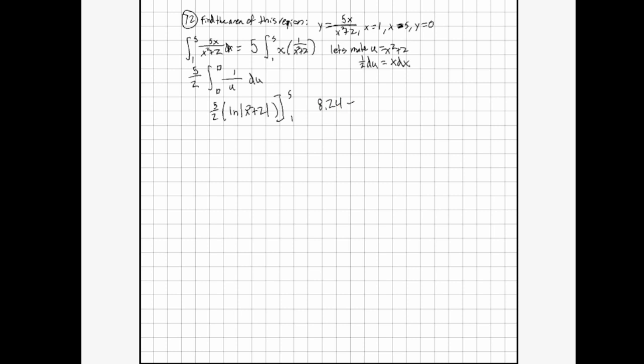And then that is subtracted by when I plug in 1. So 1 times 1 equals 1 plus 2 equals 3. 5 over 2 times the natural log of 3 is about 2.75. And when I subtract those, I should get about 5.4931, which is my answer to this problem.